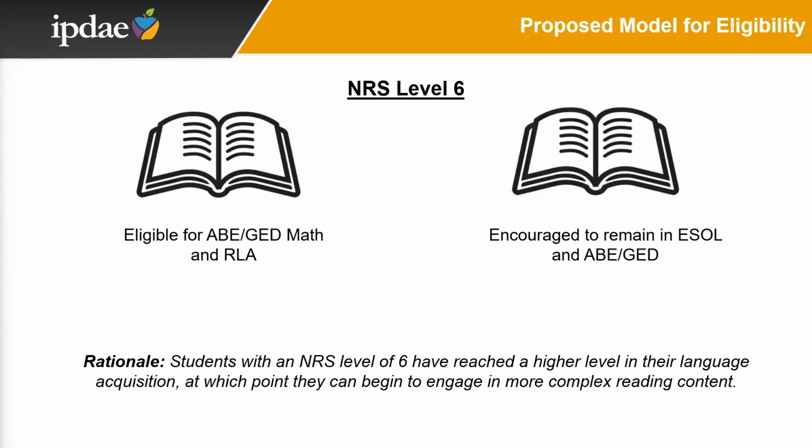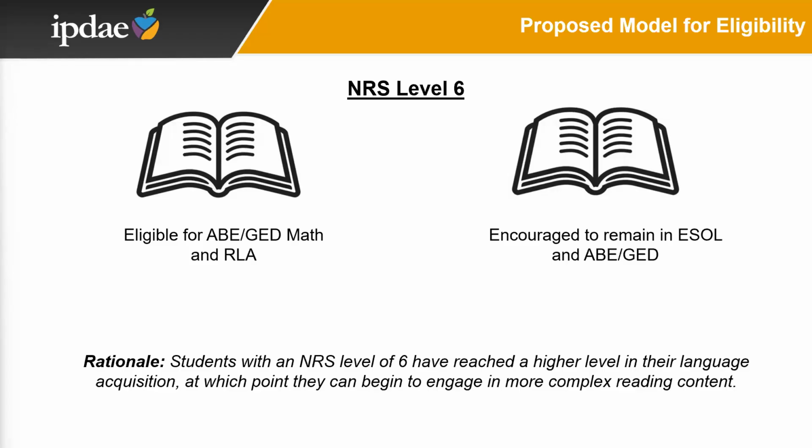In our experience, level 6 ESOL students have reached a stage where they can effectively handle the academic demands of ABE, GED math, and reasoning through language arts. Okay, at this level, they have built enough language proficiency to begin engaging with more complex content.